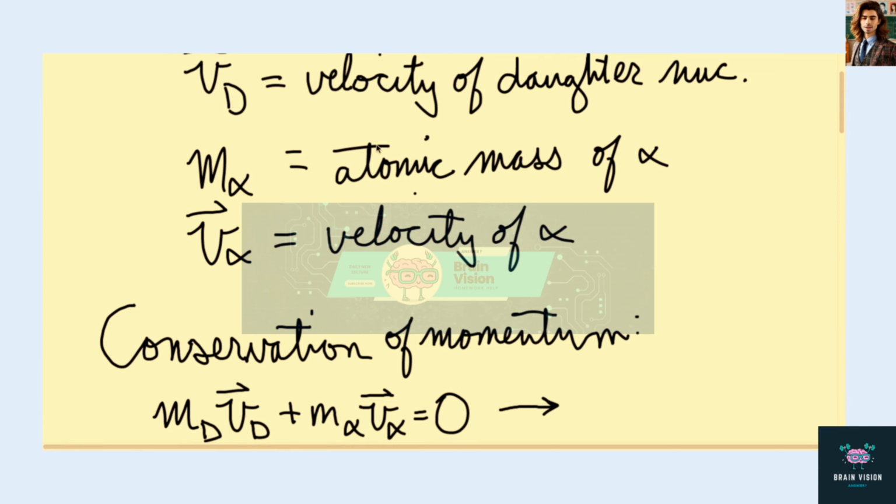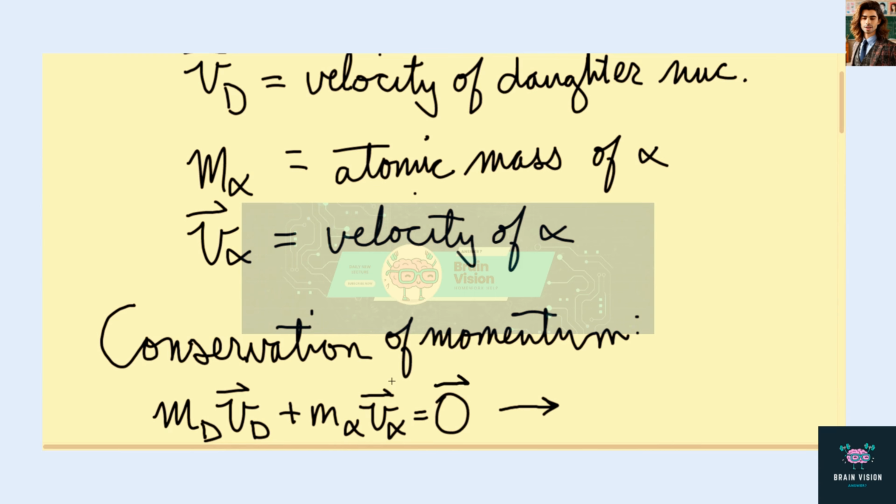The critical properties we will utilize in order to prove this are first the conservation of momentum. That is, the sum of all of the players in this reaction, each of their momenta, when you sum them together, equals 0. And that should be a 0 vector to be precise.